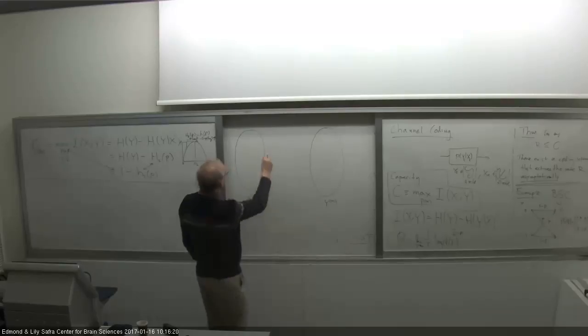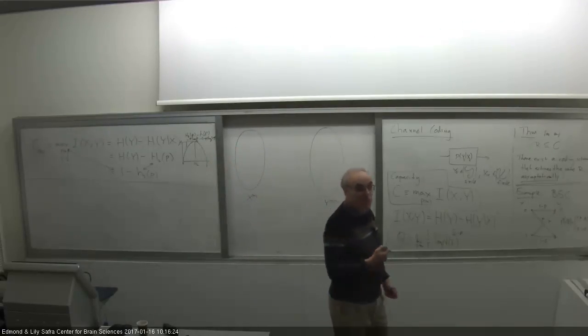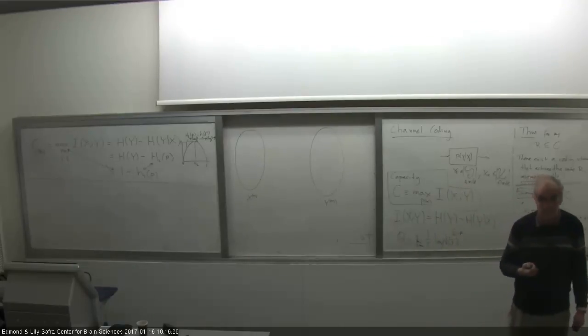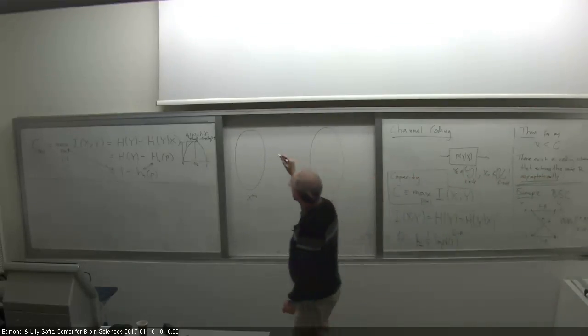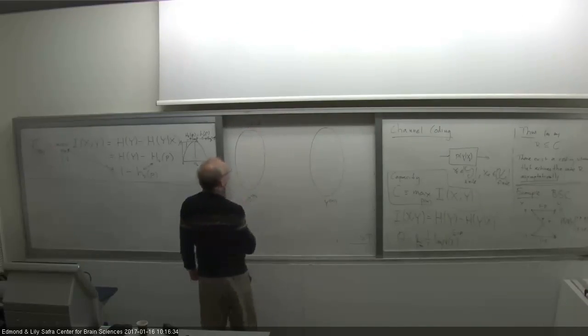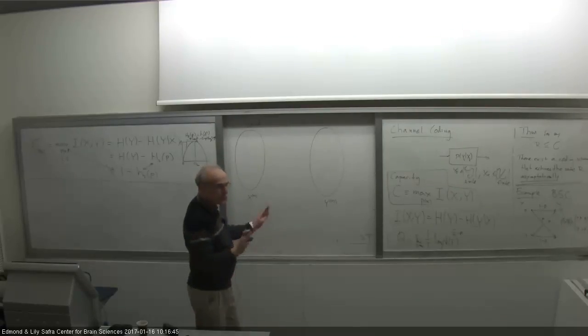And I denote by this circle the set of typical sequences of length n. Okay, so these are typical. So what do you know about the number of such sequences? So these are only typical x^n. I'm going to ignore the non-typical.